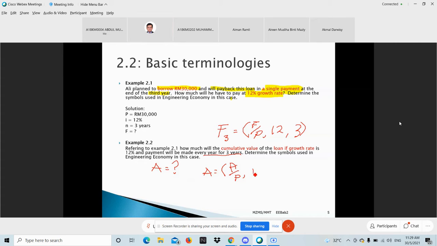The interest rate is 12% for the next 3 years. This is how we write it: we want to know the A value given the present value, 12% and 3 years. Now we are just knowing the symbol first, before we solve this problem.